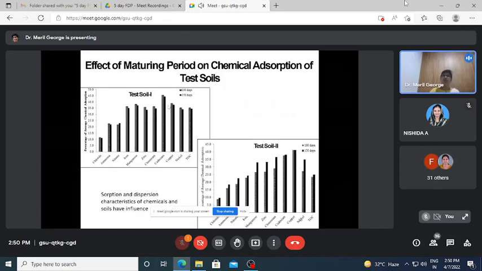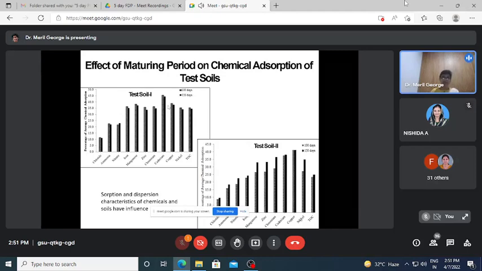So the effect of maturing period on chemical adsorption of test soil is plotted here, and it shows that for the test soil 1, there is only a marginal difference due to this maturing period of 50 days. 50 days will not be sufficient to give a good result also.